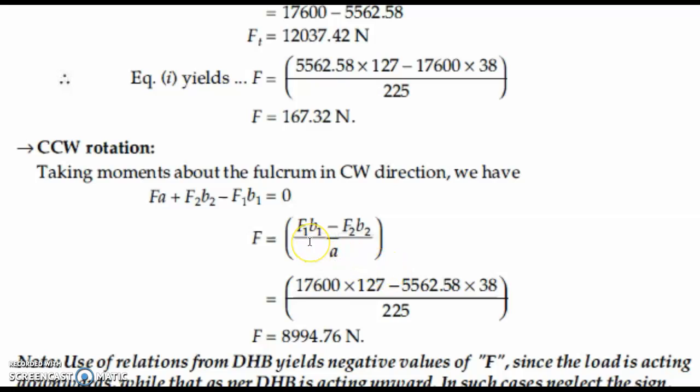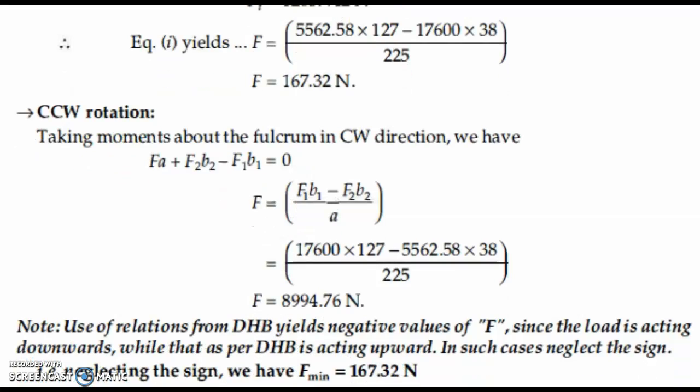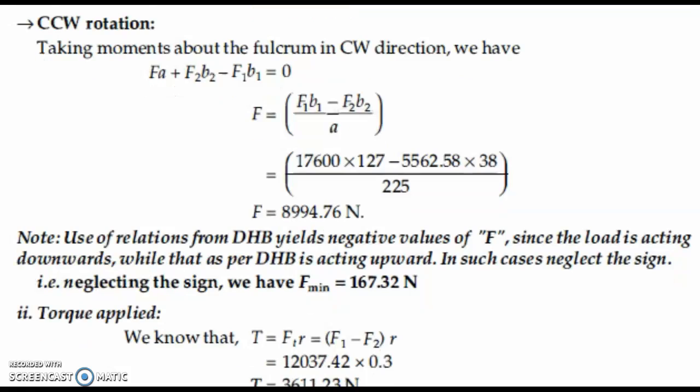All the values were calculated in the previous conditions. So which one is lesser? For the clockwise direction, the value is 167, but for the counterclockwise direction, it is 8,994. They are asking about the minimum value, which is 167.32. Thus we get the minimum value for the force.